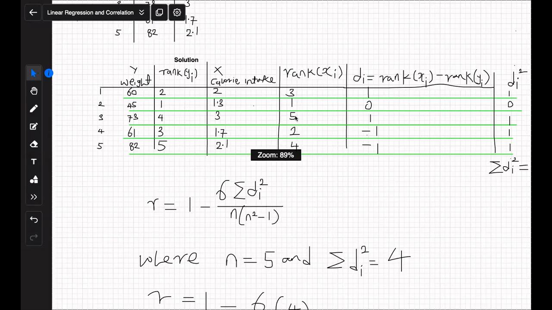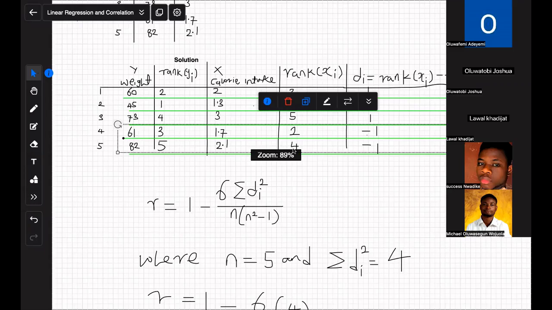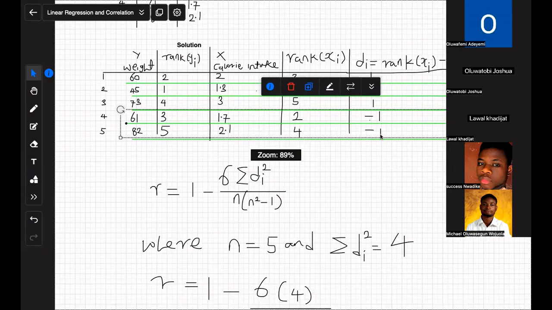Now, continue. 5 minus 4 gives us 1. 2 minus 3 gives us minus 1. We go on. 2 minus 3 gives us minus 1. And then 4 minus 5 gives us minus 1.